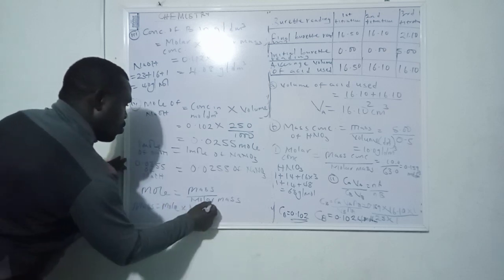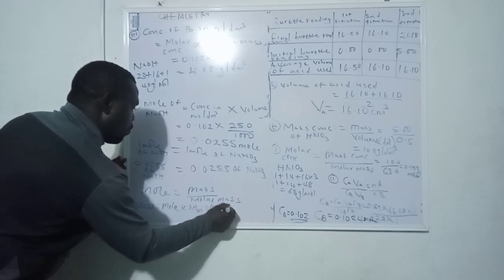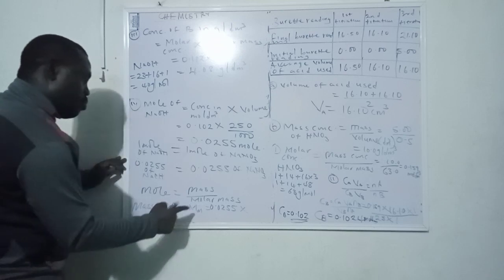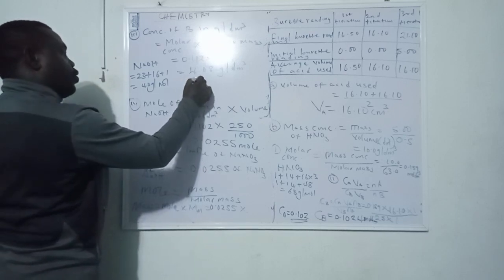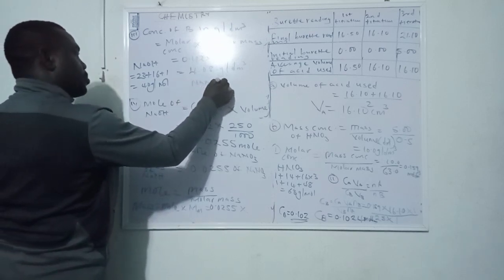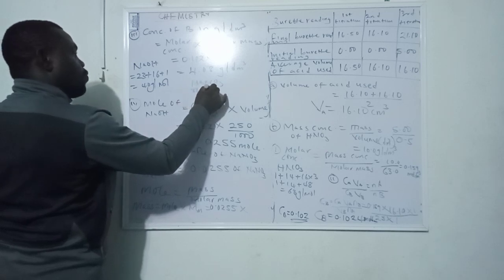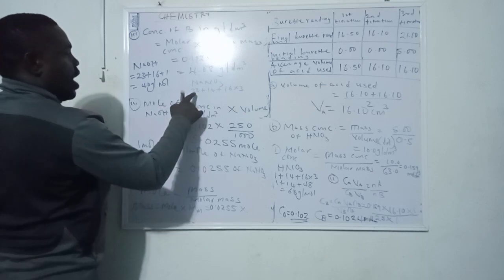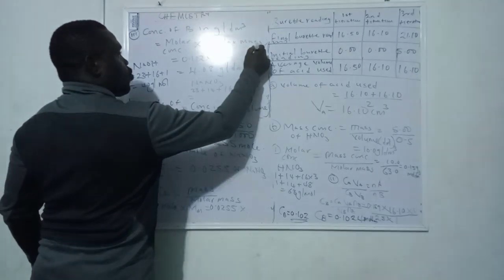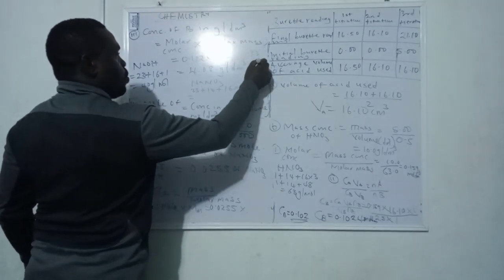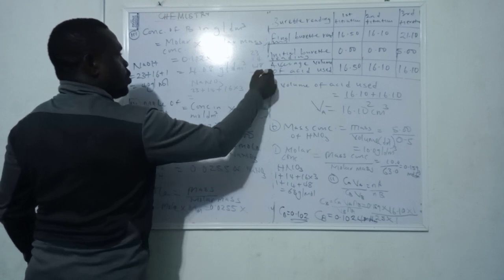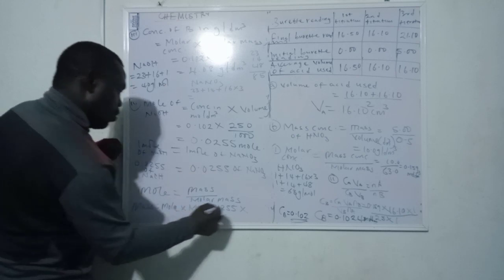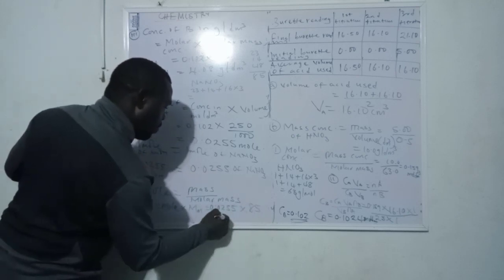And so what's the mole? 0.0255. And what is the molar mass now? Please permit me to do it here quickly. 23, 14, 16 times 3. Add this together now. So we have 23 plus 14 plus 48. What do you have? 85. So we are multiplying it with 85.